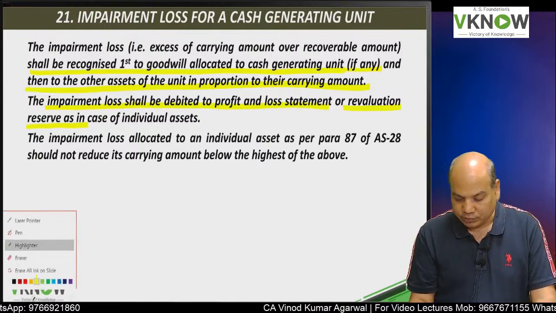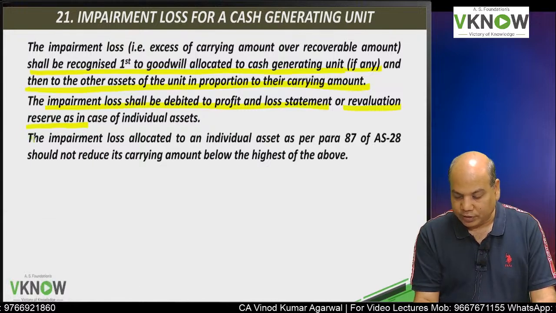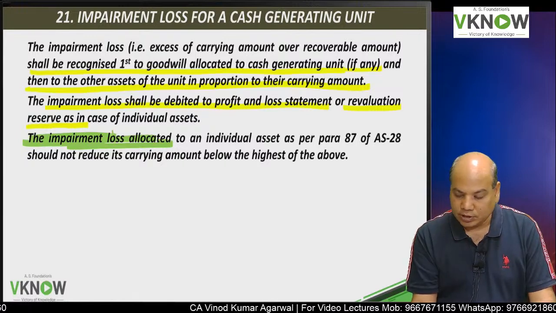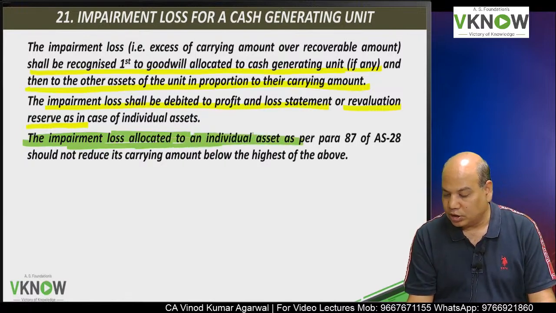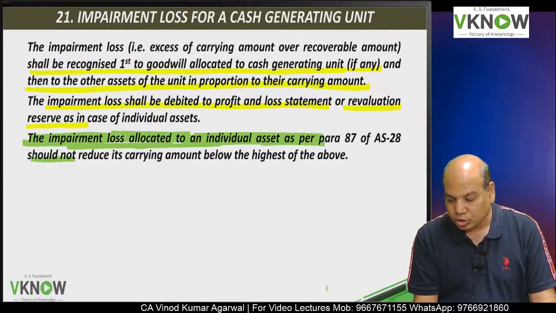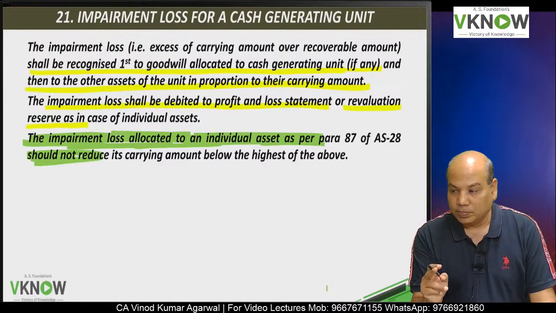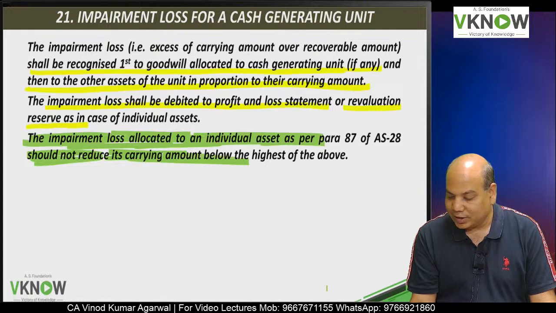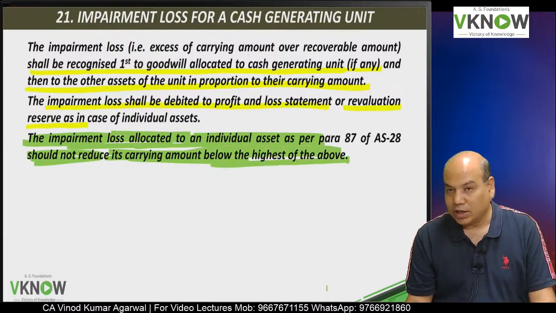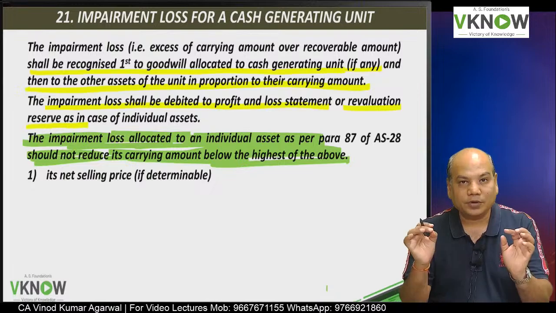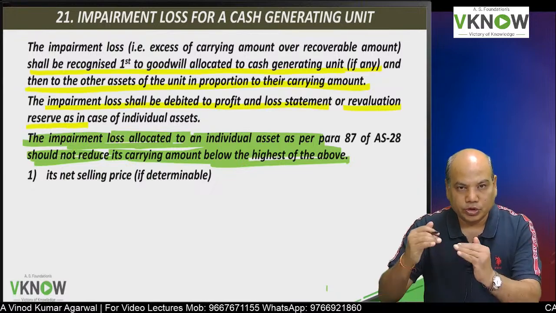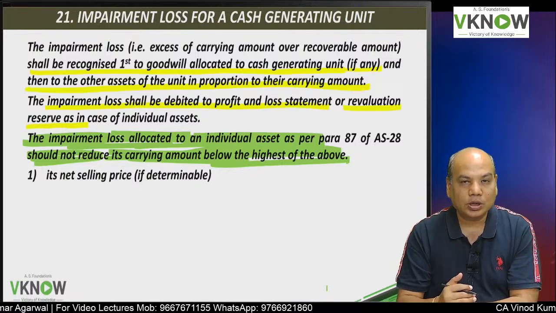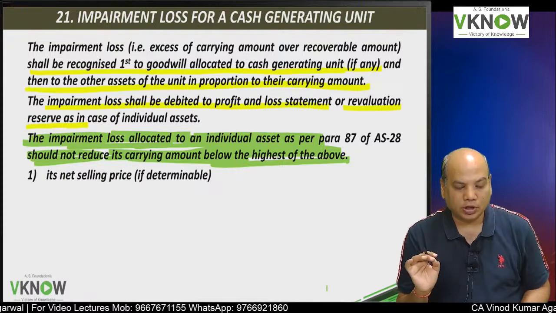Now an important point which I am going to highlight using a different highlighter. The impairment loss allocated to an individual asset should not reduce its carrying amount below the highest of the following three after providing impairment loss. Once you have deducted the impairment loss, its carrying amount should not go down below the higher of the following three.